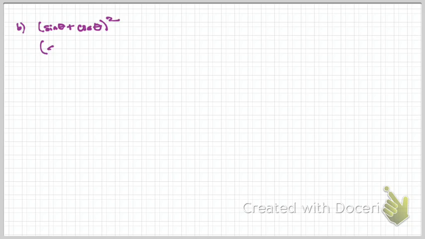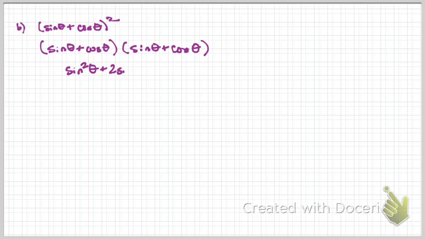I'm actually not going to do u substitution on this. I'm just going to multiply it out. So you have 2 of these. Which will be sine squared of theta plus 2 sine theta cosine of theta plus cosine squared of theta.